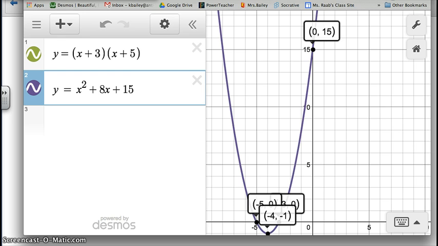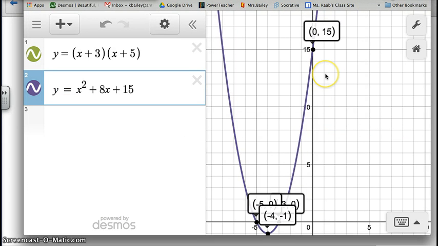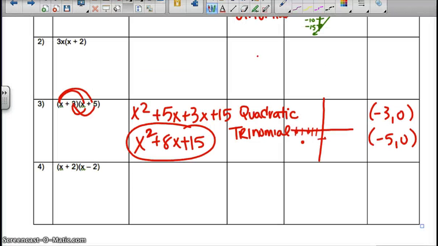So I'm going to go back and sketch that. Negative 1, 2, 3, 4, negative 1. And then where did it cross way up here? 0, 15. If I want to get that on my graph, let's see. 1, 2, 3, 4, 5, 6, 7, 8, 9, 10, 11, 12, 13, 14, 15.